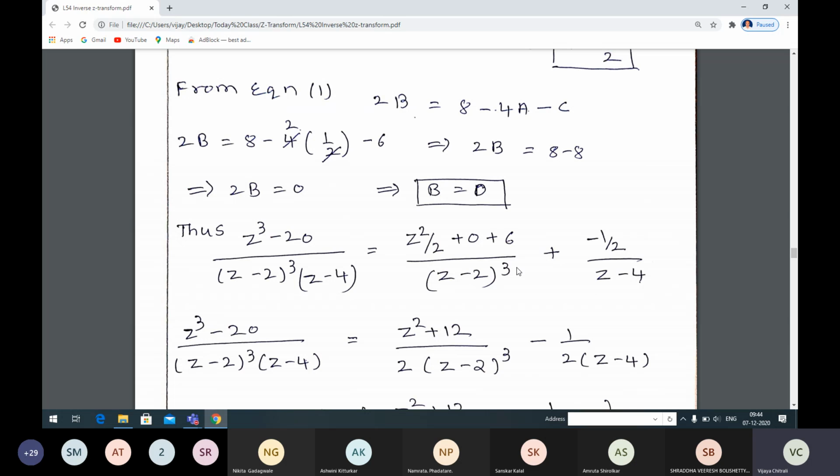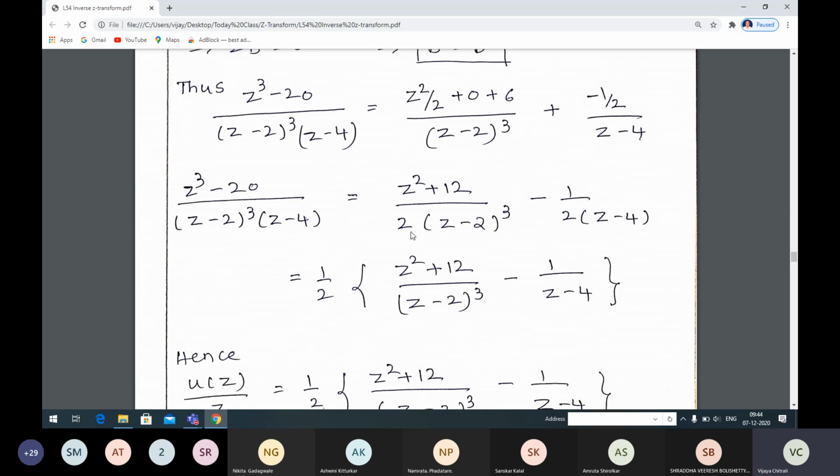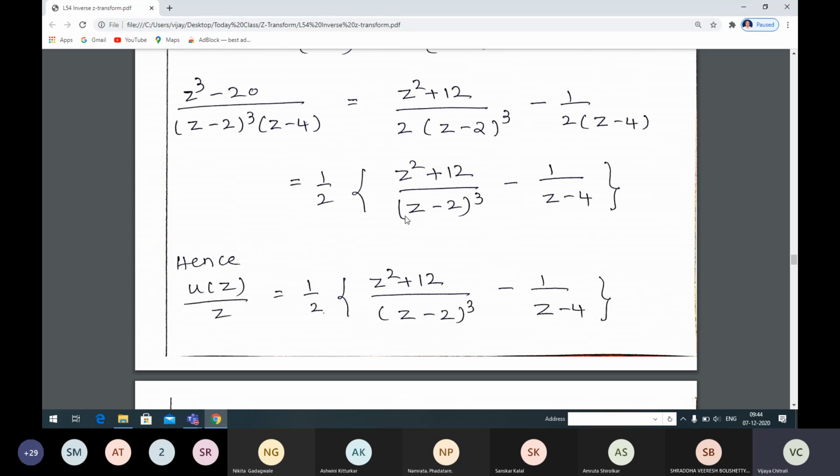So this term you will get here as z square plus 12 divided by 2 into z minus 2 raised to 3 minus, because plus into minus is minus, 1 by 2 z minus 4, right? Now we can take 1 by 2 outside, because 1 by 2 is common for both terms. It is z square plus 12 divided by z minus 2 raised to 3 minus 1 divided by z minus 4, right?